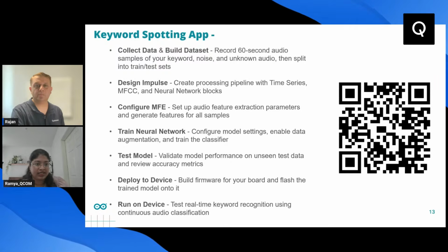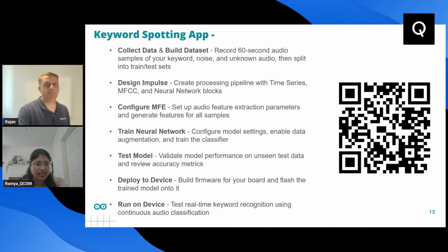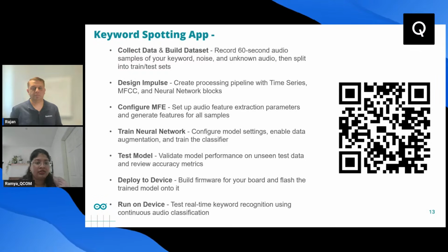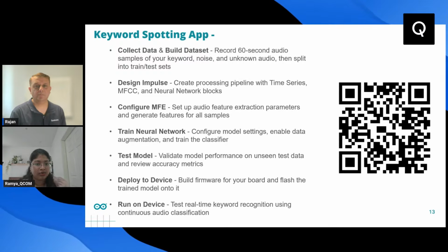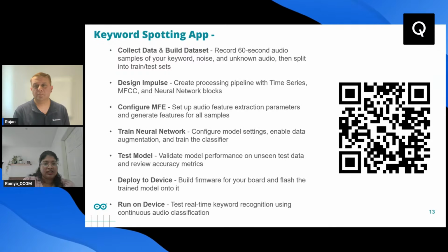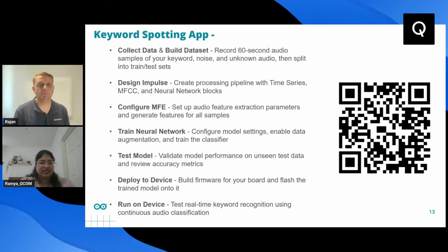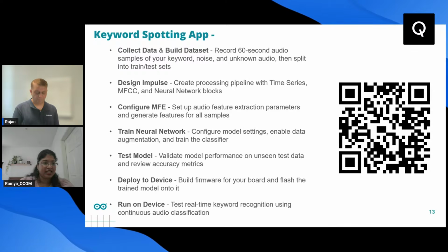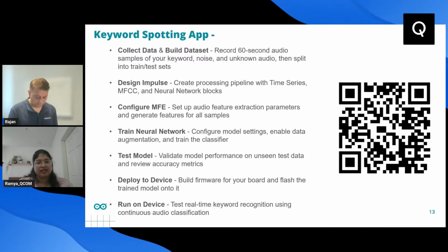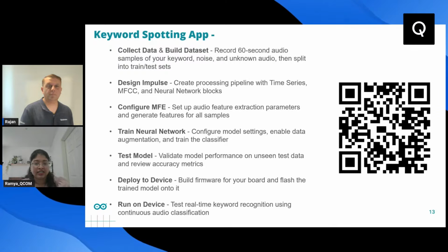It walks through these same steps of how you collect the data, how you build a data set, how you create that impulse, how you configure the MFE block, how you train the neural network, how you test the model, and then how you deploy it. Hoping this deployment issue gets fixed with the versioning, but this is how the entire workflow looks when we are building a model in Edge Impulse and deploying it on a UnoQ device.